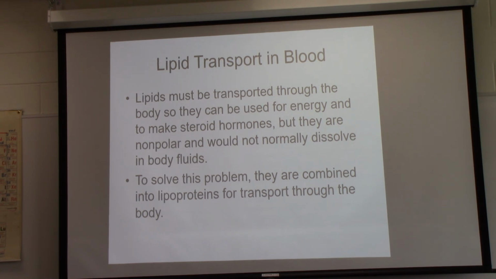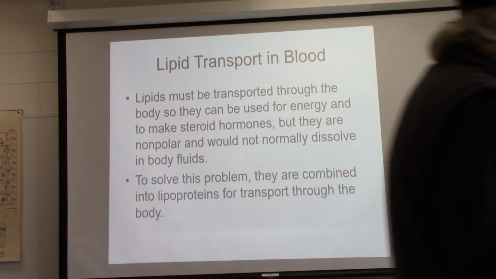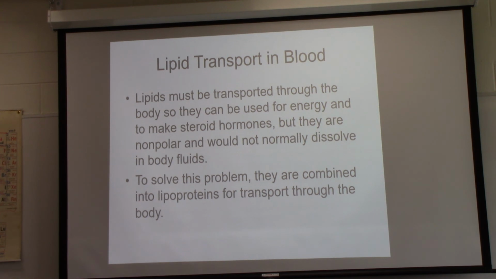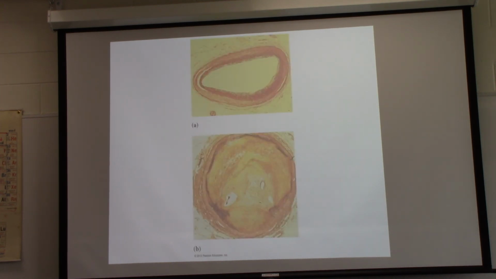To solve this problem, they can be combined with lipoproteins so they can be transported through the body. And so lipoproteins are like taxis. Okay. For instance, what would happen if they weren't there?